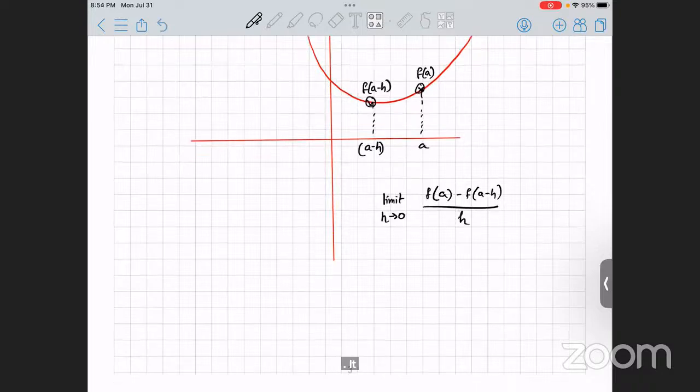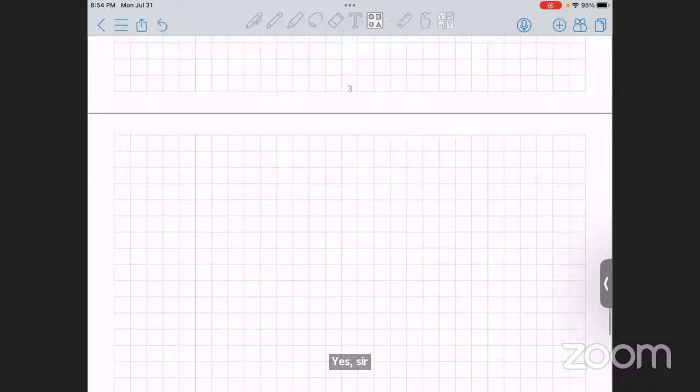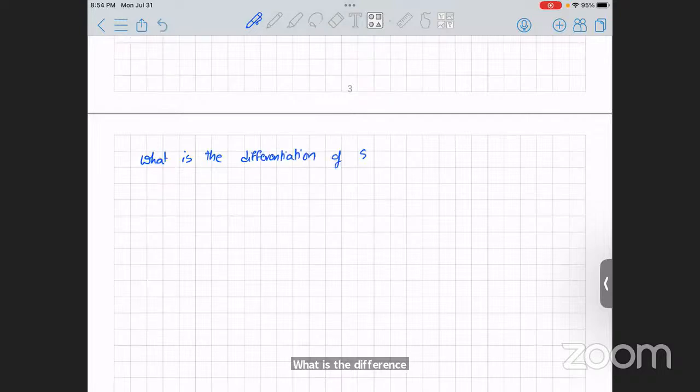Now, for practice, what is the differentiation of sin x at point 0?